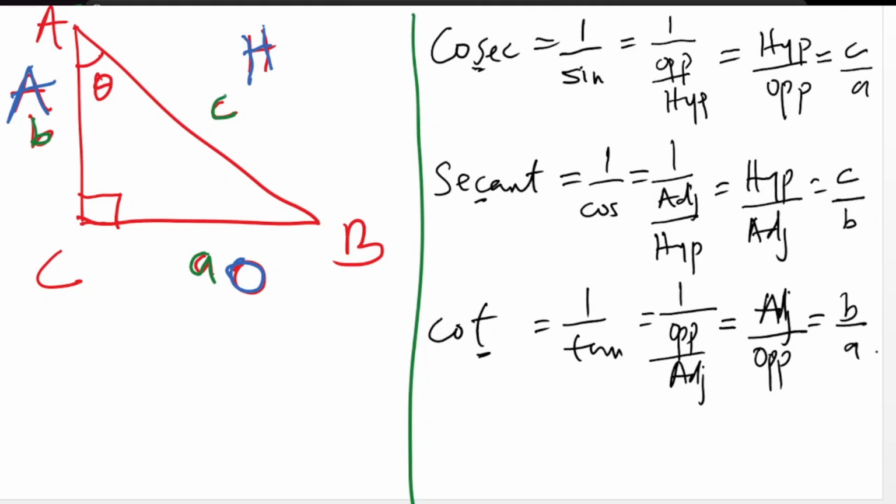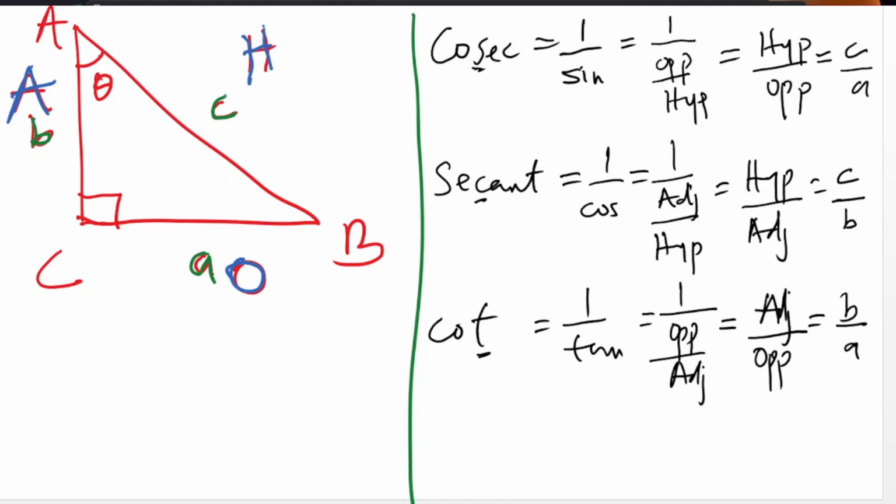It is A. So these are the reciprocals of the 3 basic ratios of trigonometry. I hope this is very clear. So you must make sure you understand this. We are still going to make use of this in the nearest future, but not now. I just need to let you know about this.